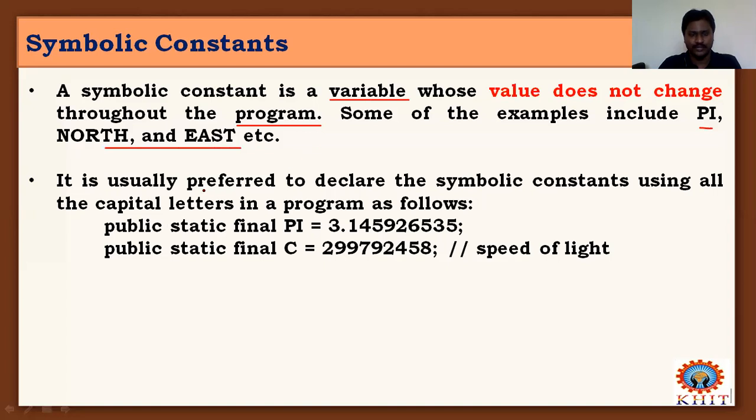It is usually preferred to declare symbolic constants using all capital letters for better understanding that it is a symbolic constant. For example, pi is a value that doesn't change. Another is something like the speed of light, used generally in scientific applications to perform operations on this type of constant values.